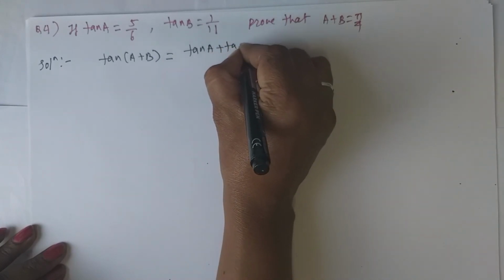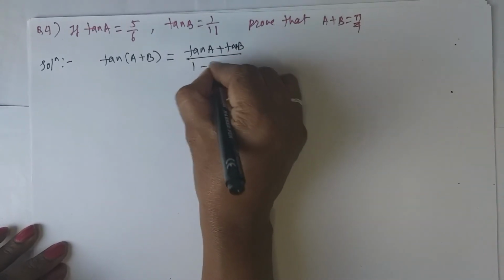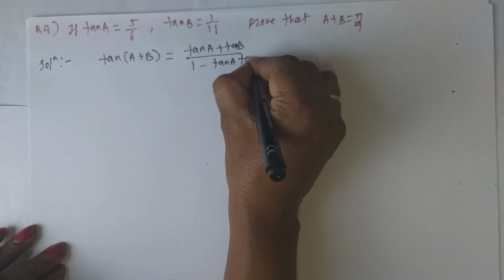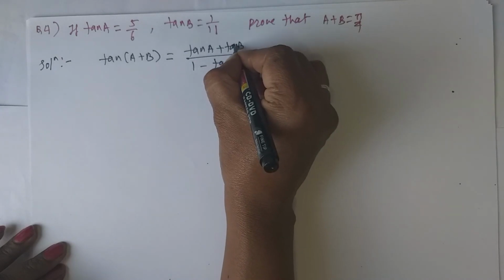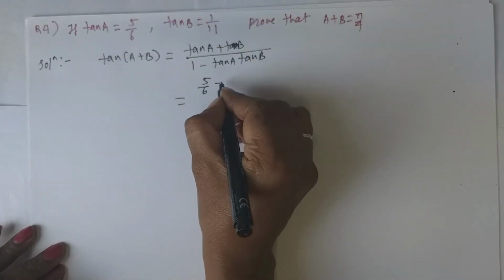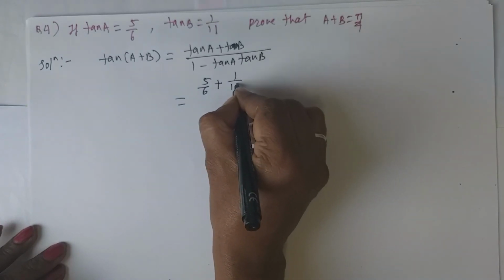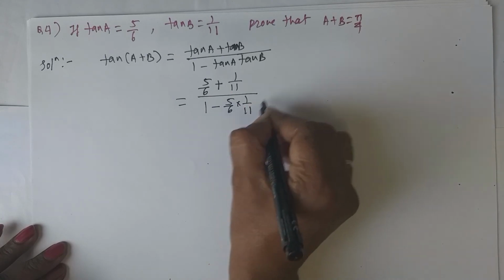And what is that? tan(A+B) is (tan A + tan B) divided by (1 - tan A into tan B). Okay. Now in this formula, you keep the values of tan A and tan B: tan A is 5/6, then tan B is 1/11. 1 minus 5/6 into 1/11. Now simplify this.